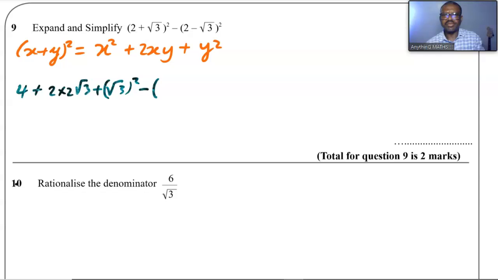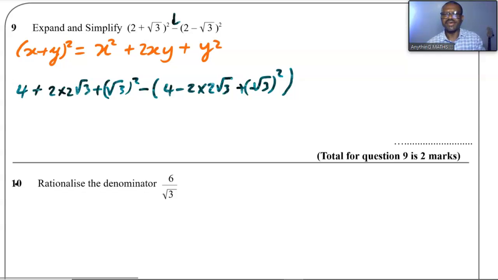Minus, let's put a bracket here because of the minus here, okay? And we're going to get 4 minus 2 times 2 root 3 and then plus root 3 minus root 3 all squared.